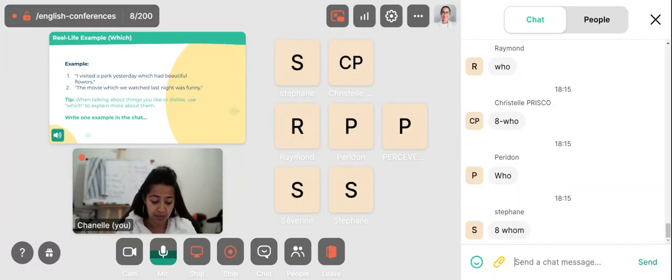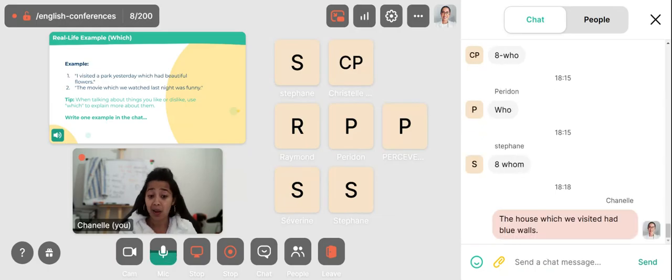I would start with 1. The house which we visited had blue walls. For example, the house which we visited had blue walls.